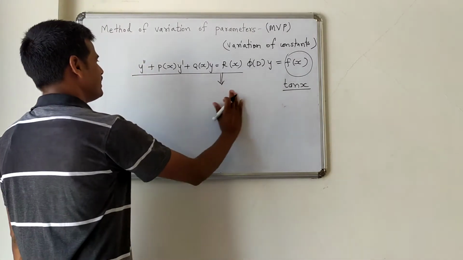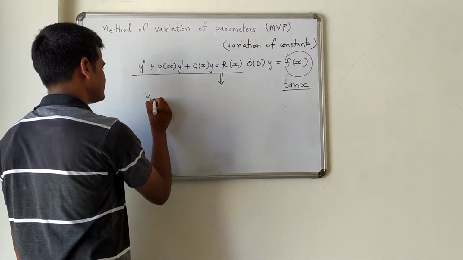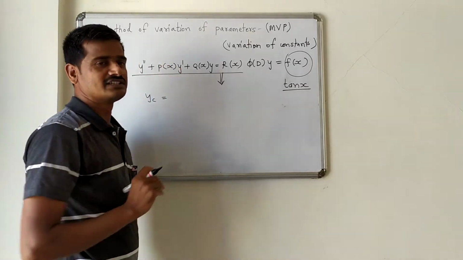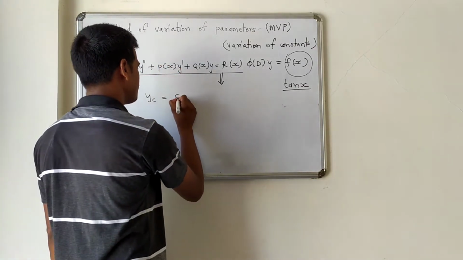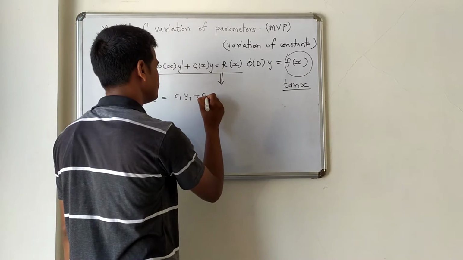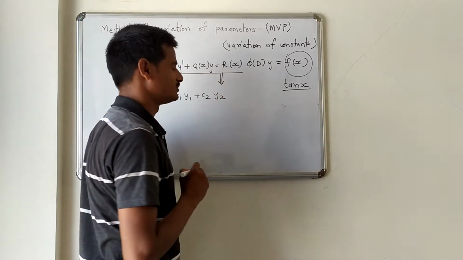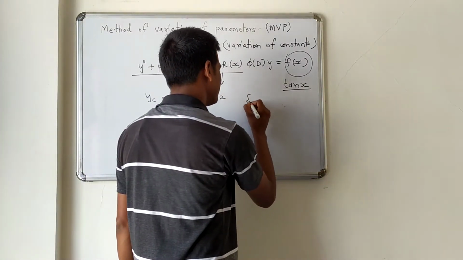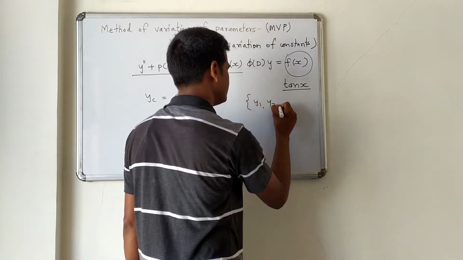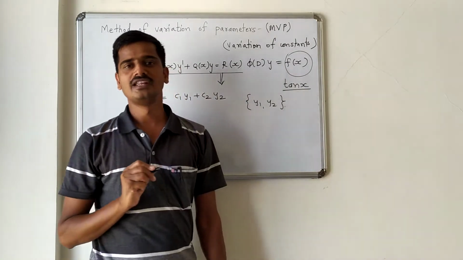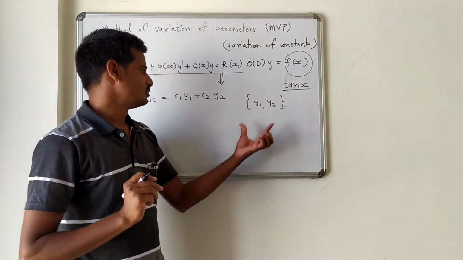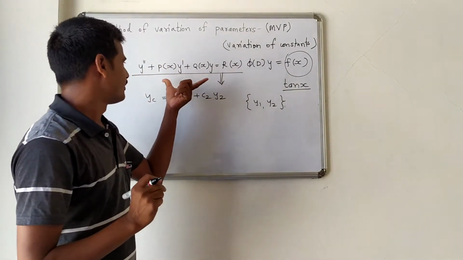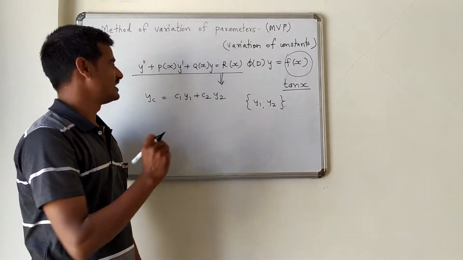Let us say the complementary function of this linear differential equation is in the form c1 y1 plus c2 y2. This is the complementary function, and as we know, y1 and y2 are a set of linearly independent solutions of the homogeneous equation.